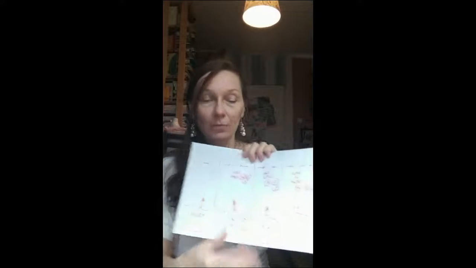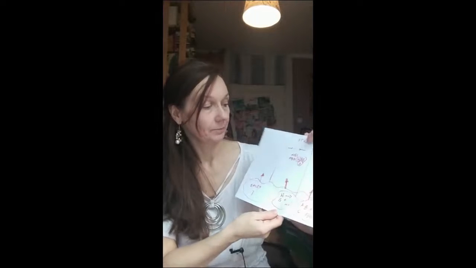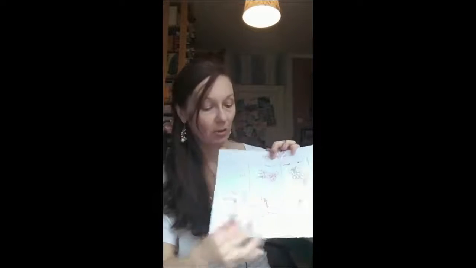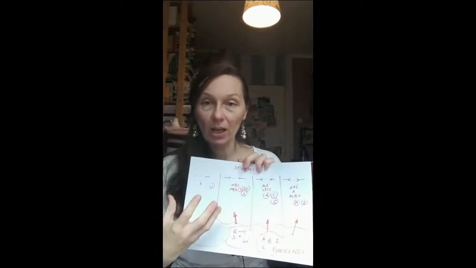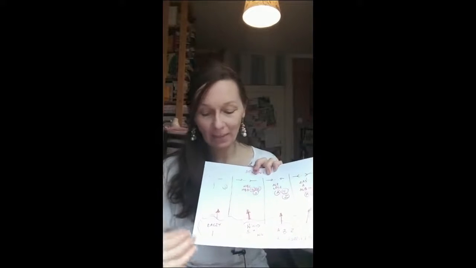You use the pronouns. But we'll come to that. For now, conjunctions. There are four types of sentences that you create with conjunctions, and there are three types of conjunctions in Polish.